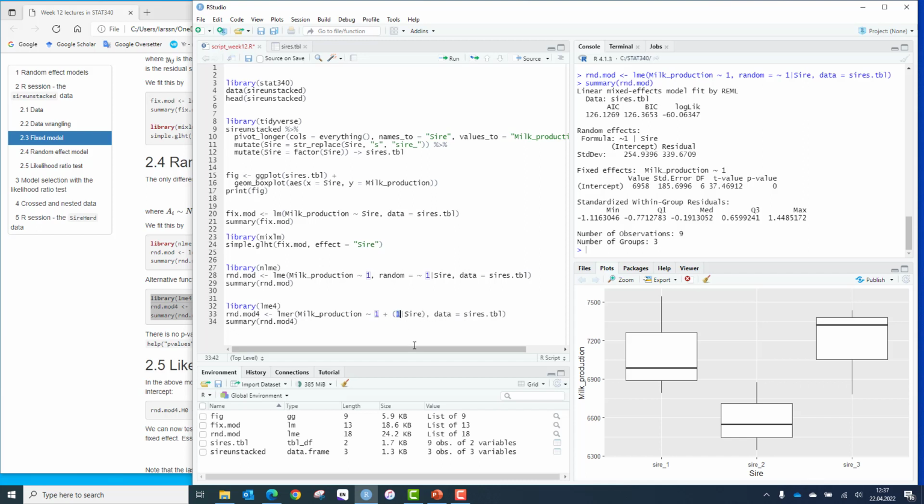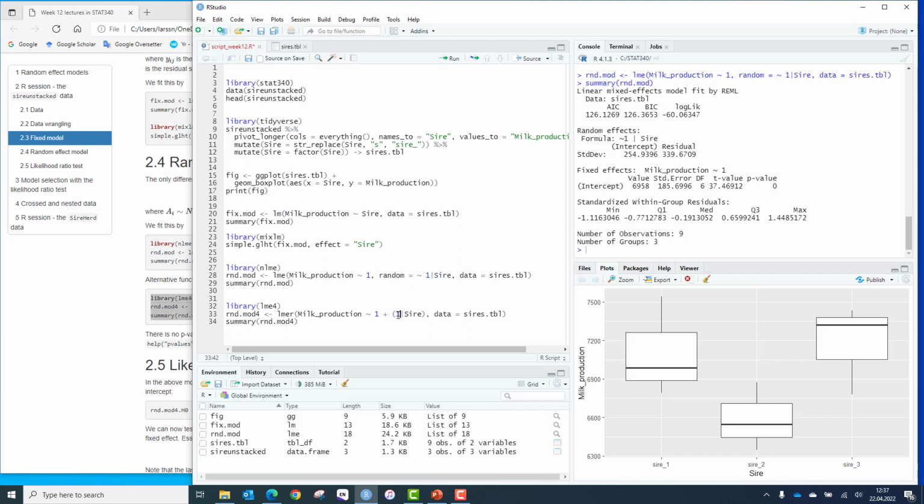You specify which term among the fixed terms is influenced by your random variable, and then you have this vertical bar again, and then you specify the variable which should be random, right? So that is the same as up here, right?